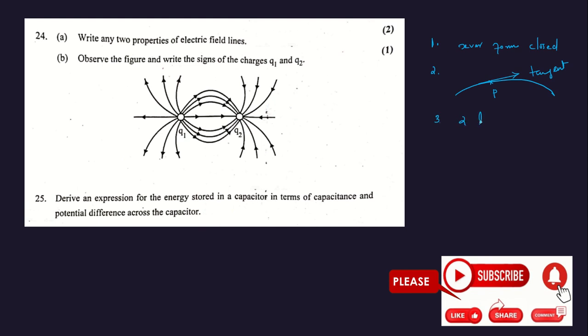Two lines of force never coincide. And we can say the number or the density of lines of force determines the strength of the electric field. If lines of force are more, the strength will be greater.